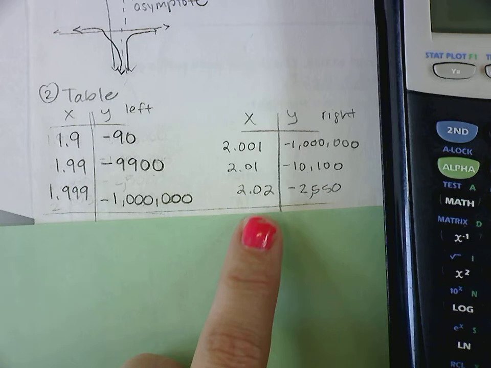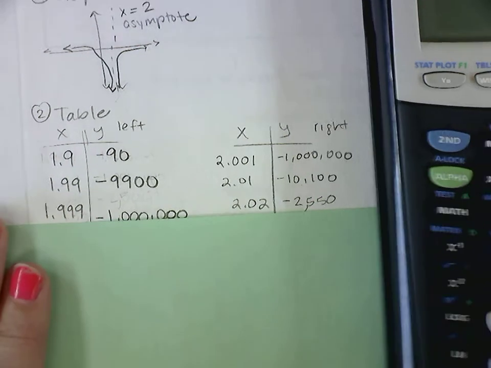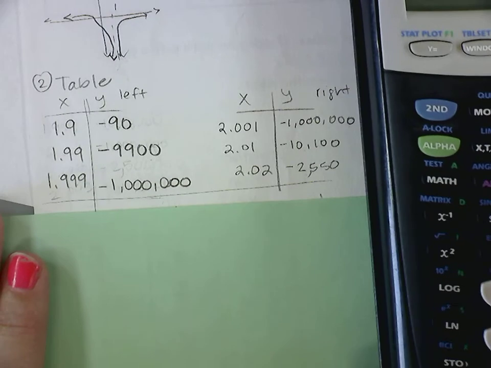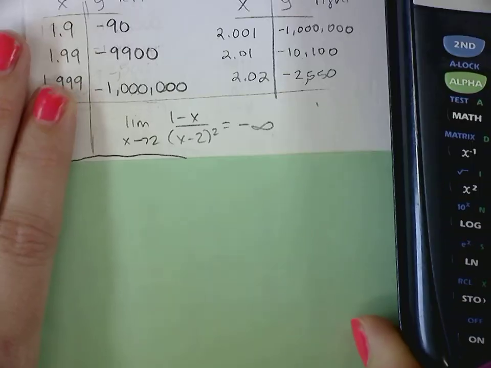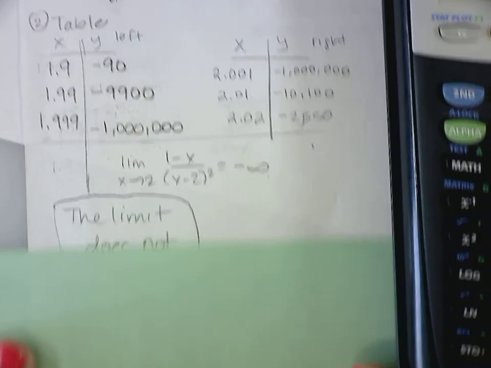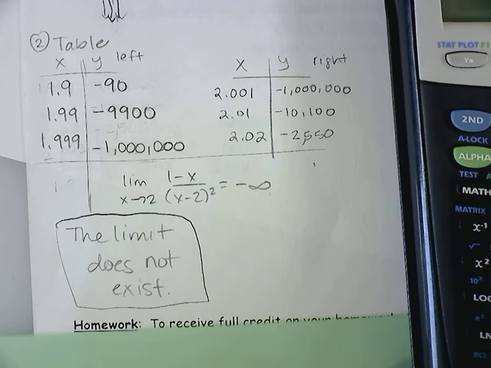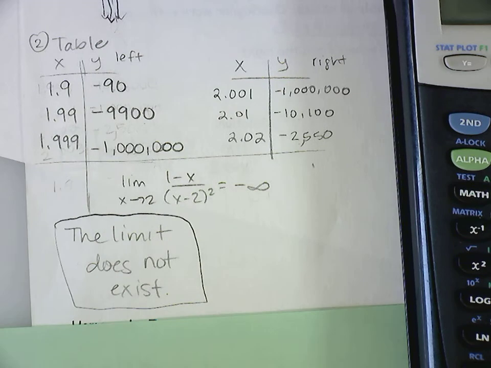And this is from the right side. So we talked about how infinity is not a finite value. So for this, if the limit is going towards negative infinity, we say that the limit does not exist. Okay, and that's because infinity or negative infinity is not a finite value.